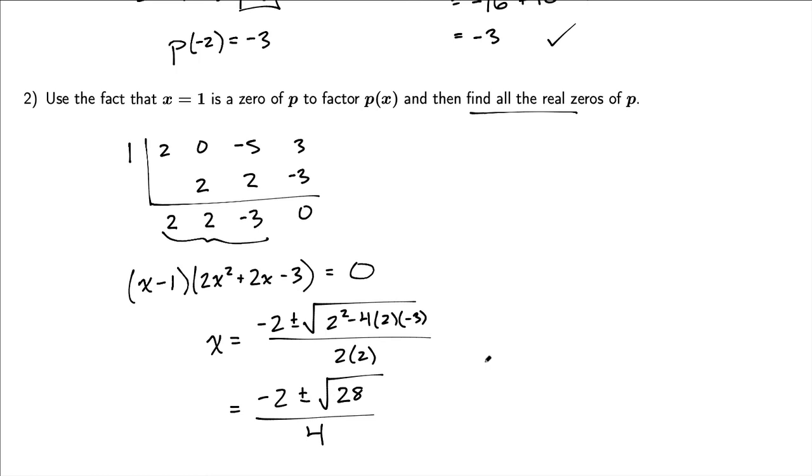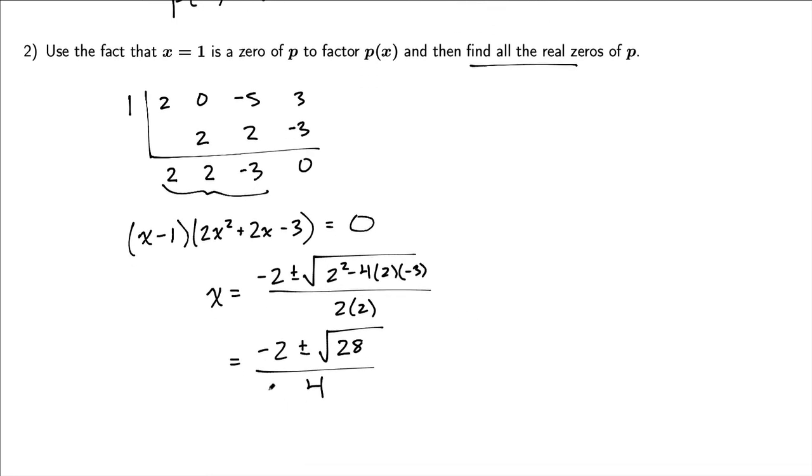Okay. All right, now, well, 28 is 4 times 7. So we can take the square root of 4 and get a 2. All right? And then just cancel a common factor of 2. So we get negative 1 plus or minus root 7 all over 2. And those are the real zeros, the other real zeros of p.